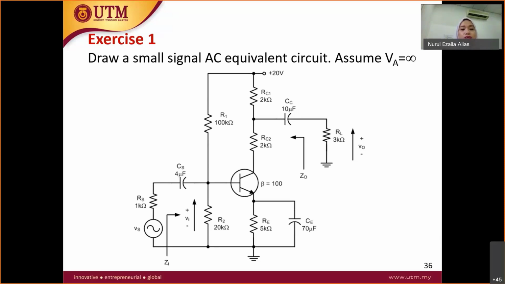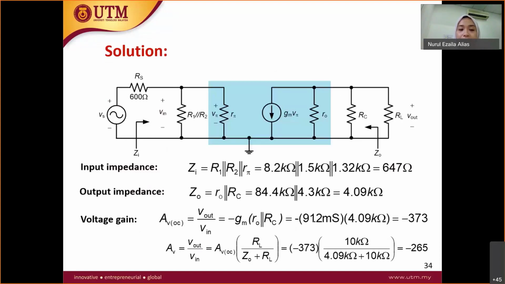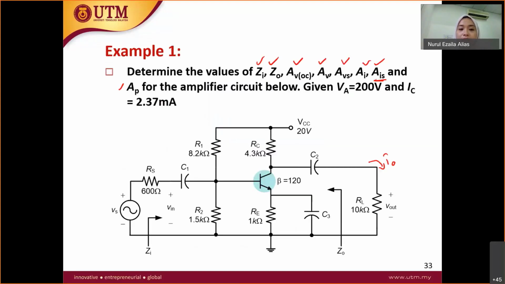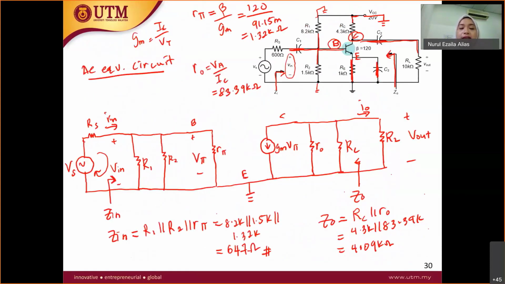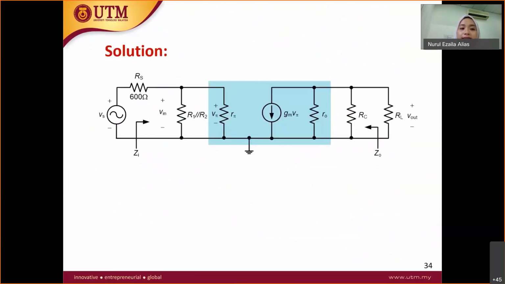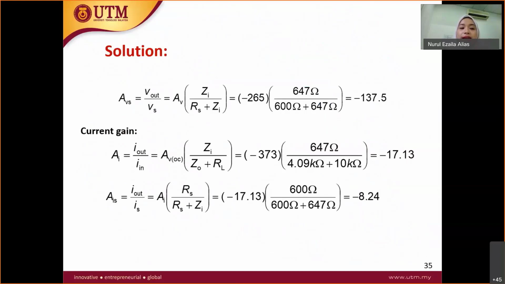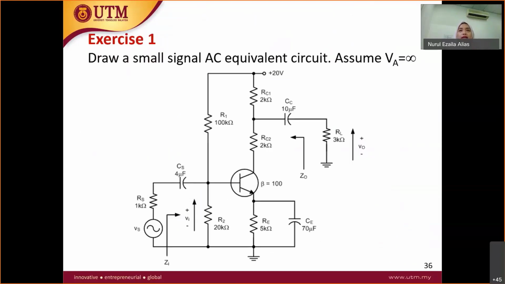It is exactly the same as this example but with different values. I want you to derive everything here, replicating what I did. The deadline doesn't matter as long as it is before our next class.